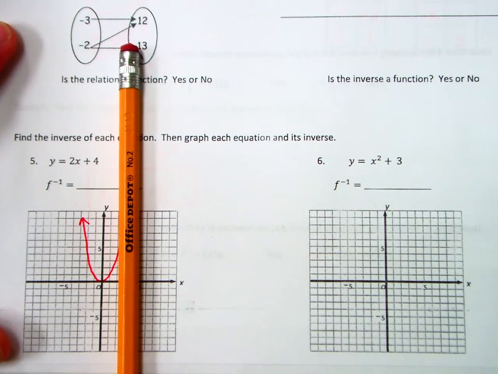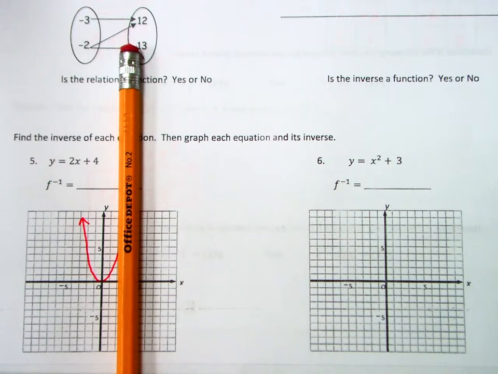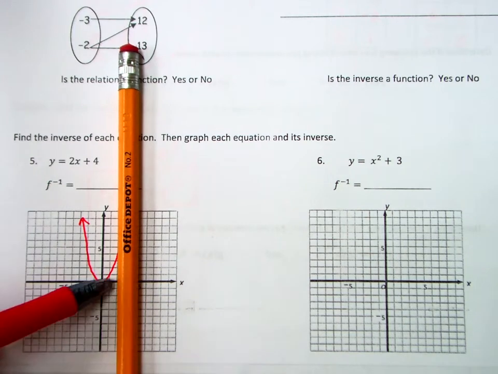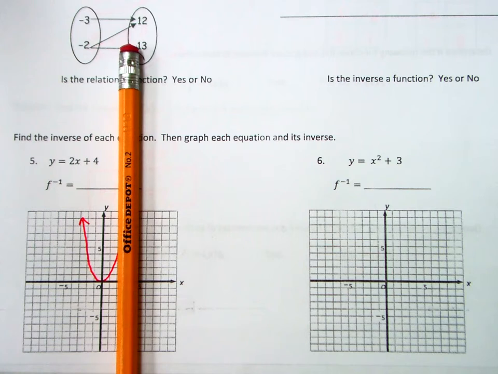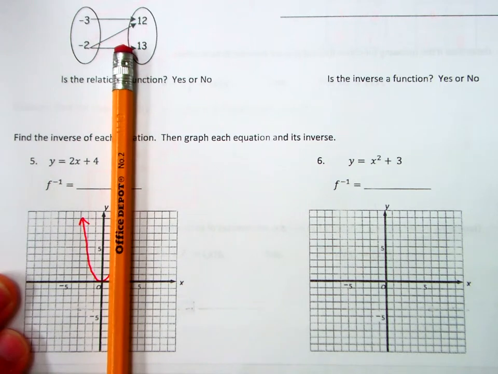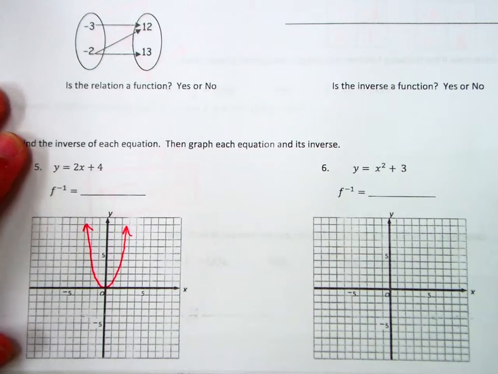For example, if you look right here, my input is 2. So I'm talking about x equals 2 right here. And my output for that value is 4. Okay? So for every single input, I have one specific output. If I took the inverse of this function, it would look something like, and I'm just going to draw it over the top of this.